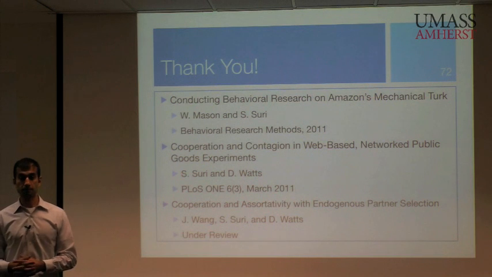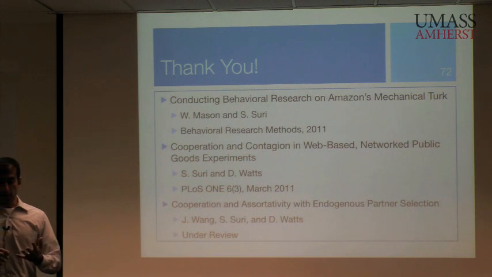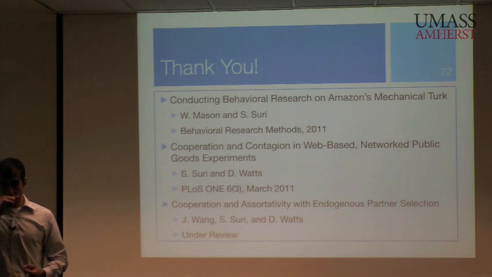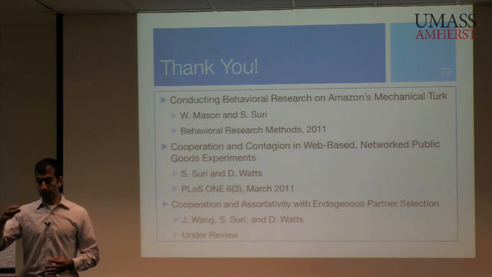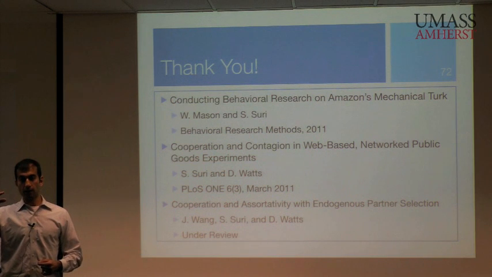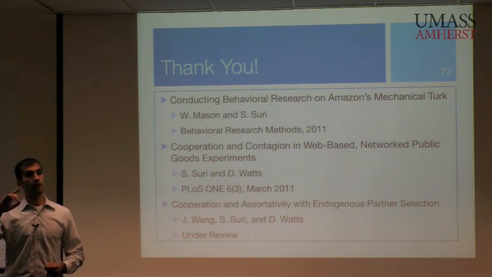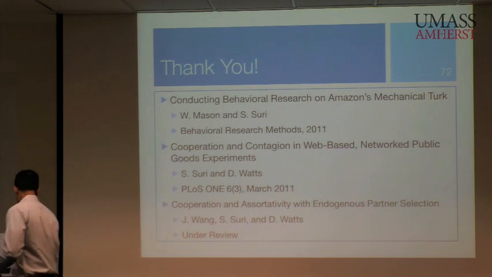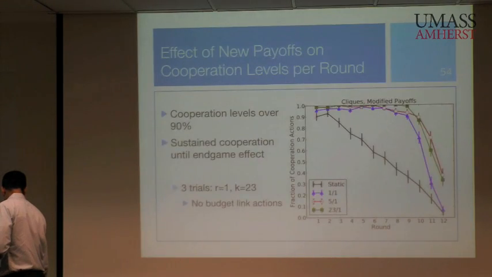Have you played with that window of what proportion of the rounds are static? We did 1 round of static, 3 rounds of static, and 6 rounds of static. Let me just go back for it.